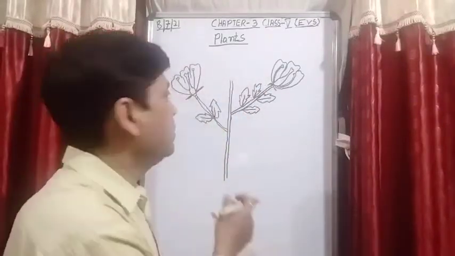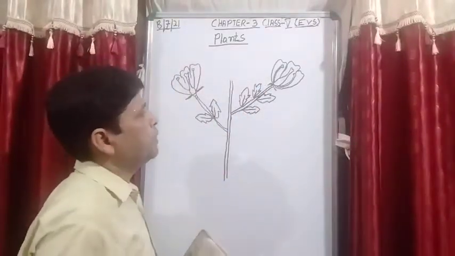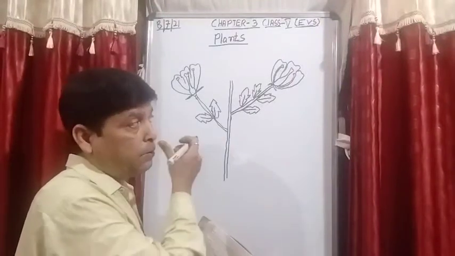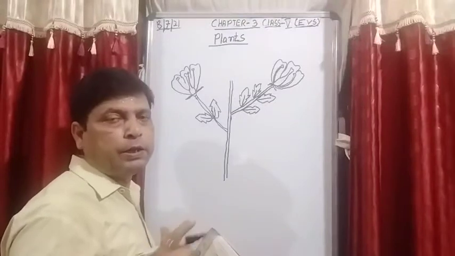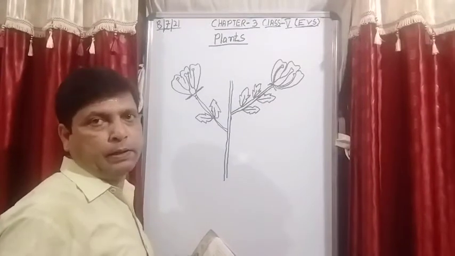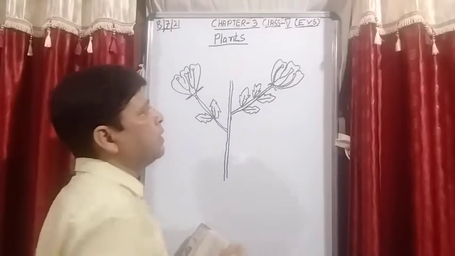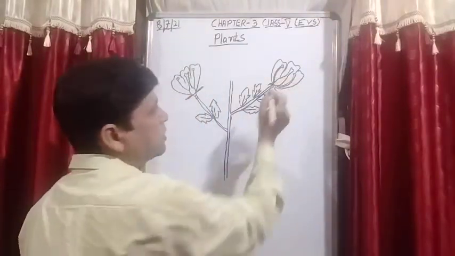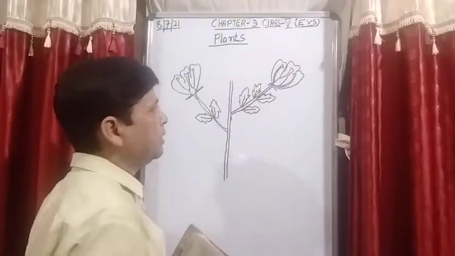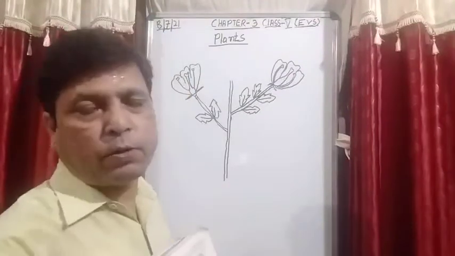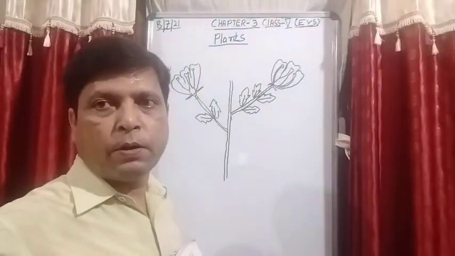This is the diagram of a hibiscus plant, and you are able to see there are two flowers, and these flowers are on the same plant. Is it clear? This portion is the female reproductive part, and this shows the male reproductive parts of the plant.